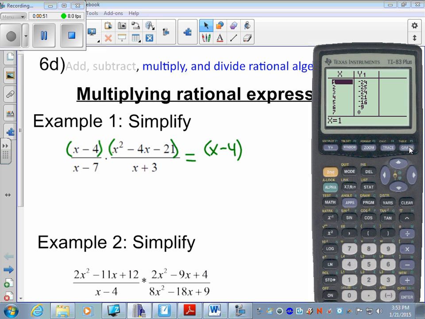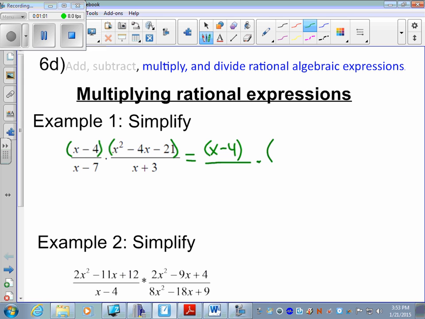You have 7 as one of our zeros, and -3. So you have x minus 7, and -3 is x plus 3. So our numerators are separately factored.